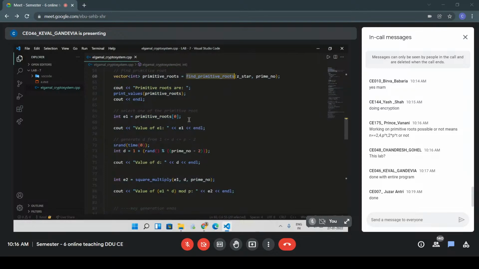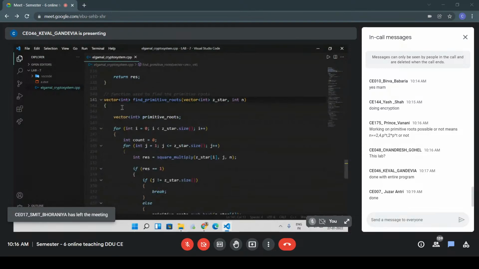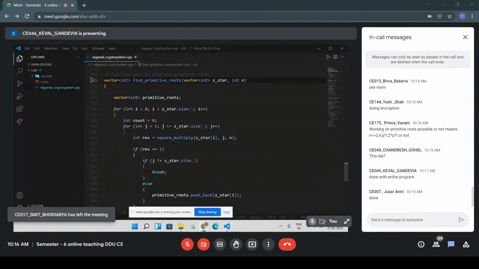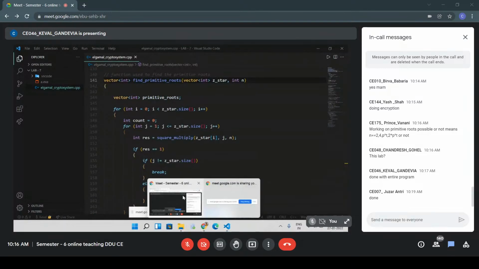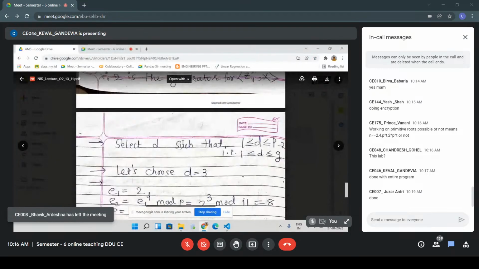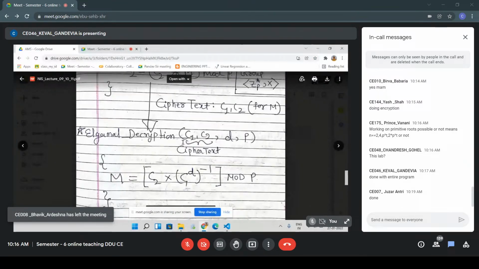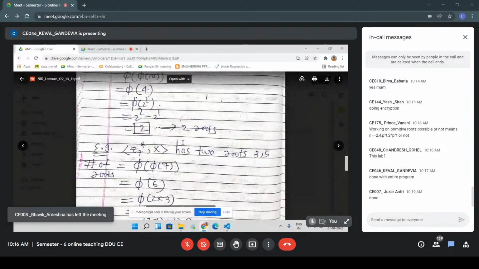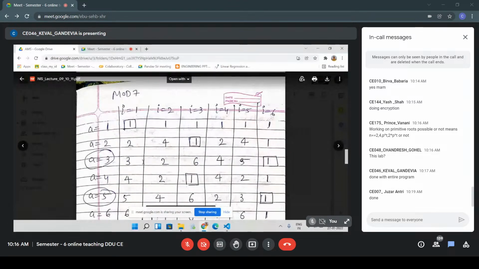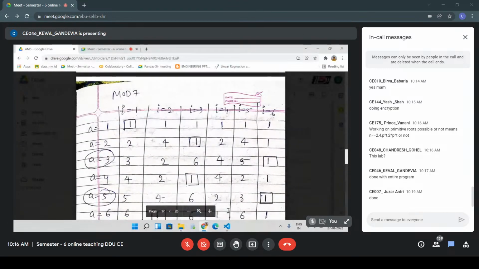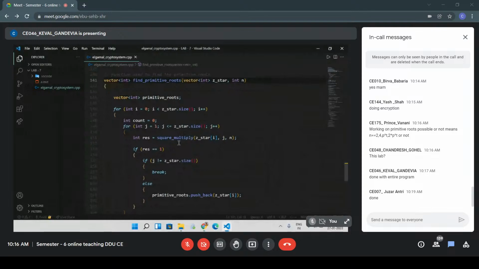Keval, for primitive roots, how have you implemented it? Yes, ma'am. It is the function for the primitive root. So here I'm using this table method, ma'am. Just a minute. This method I'm using, ma'am. Okay, and here is the code of this.